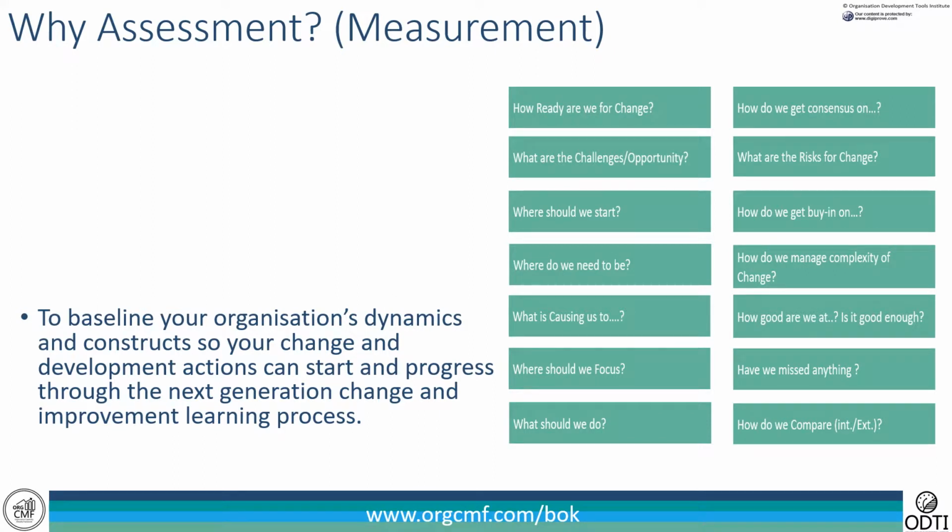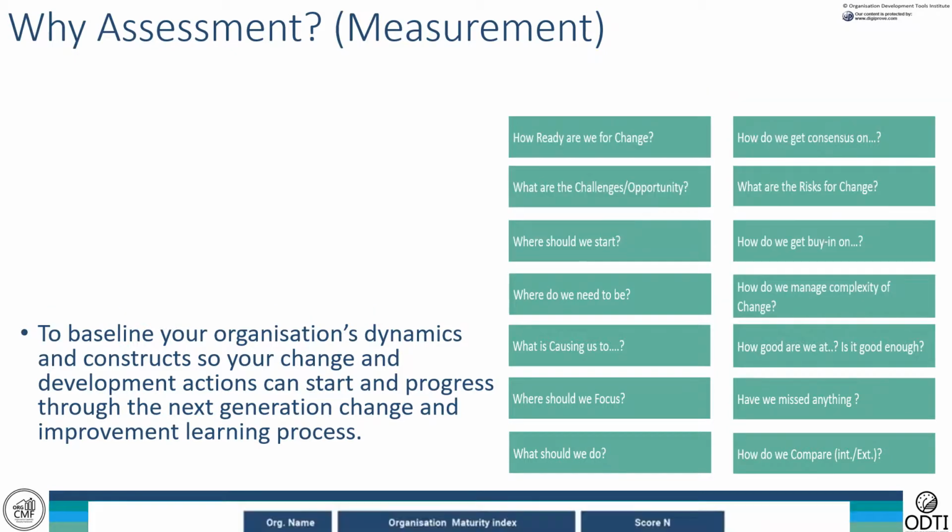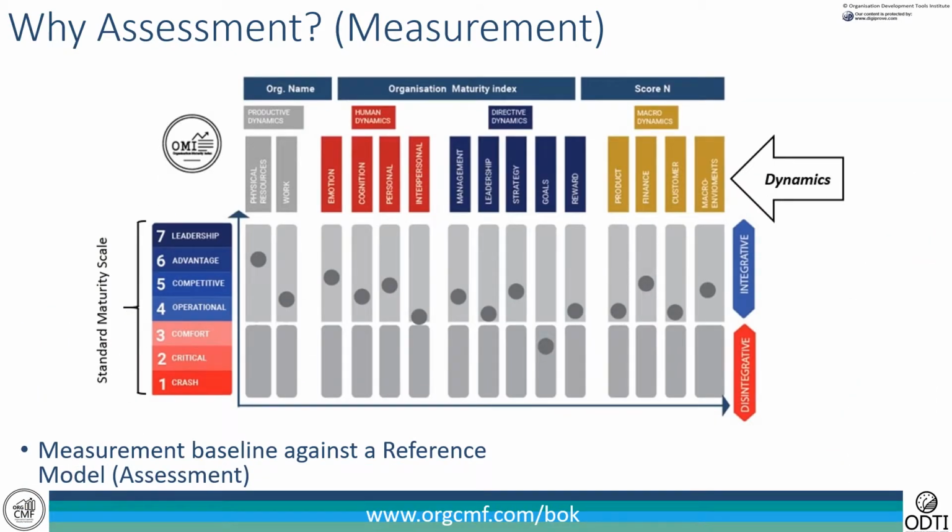Maturity level measurement also baselines the organization to ensure effective and efficient mobilization for change, improvement, or transformation. And it does this using a well-proven capability maturity reference model, which assures any internal or external benchmarking is valid.